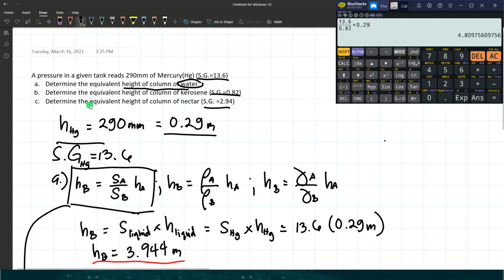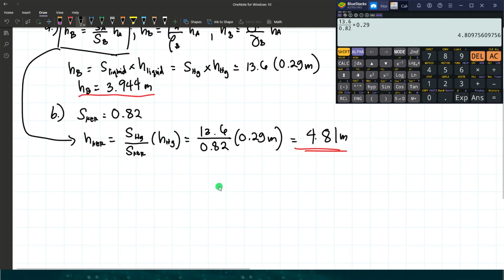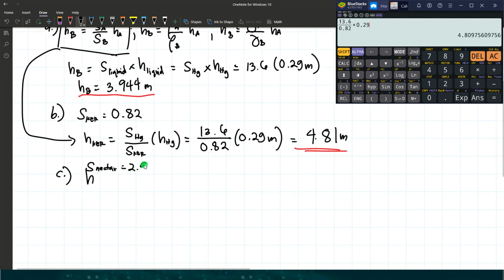For letter C, equivalent height of column of nectar. So for letter C, nectar is 2.94. That's the specific gravity. So the height of pressure head for nectar is equal to the specific gravity of mercury over the specific gravity of nectar multiplied by the pressure head of mercury.